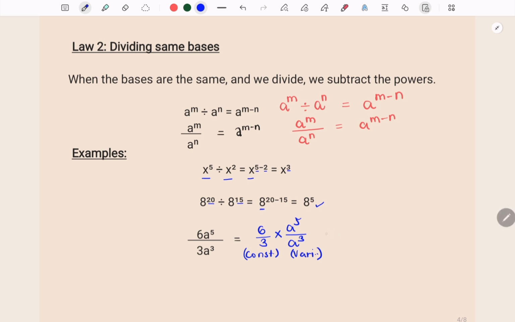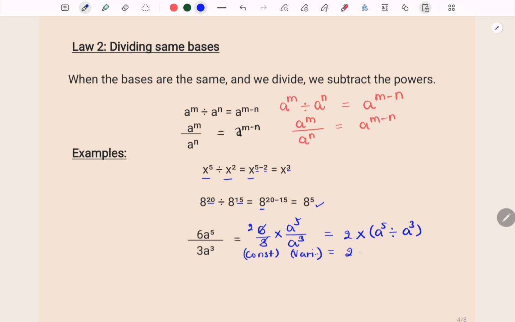So 6 divided by 3, that is very easy. 3 divides 6 and that will be 2. And here you can see that I have a raised to the power 5 divided by a raised to the power 3. That is a different way to write the same expression.